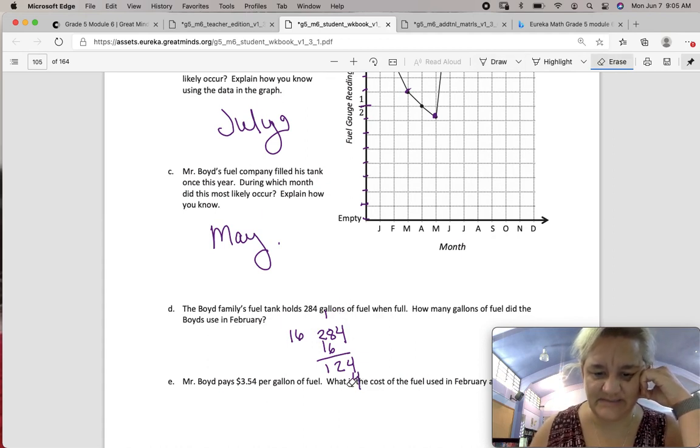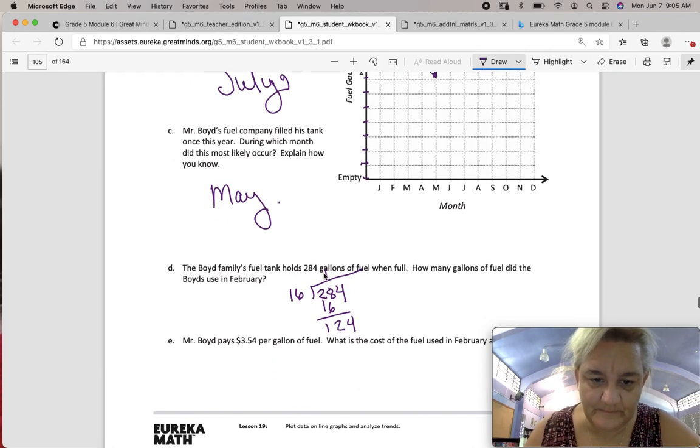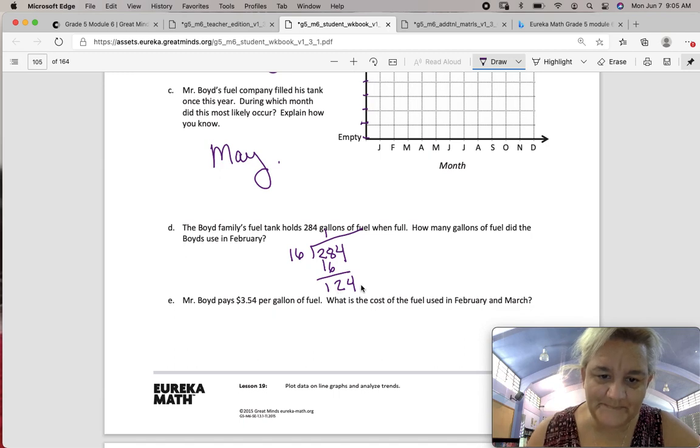Wow, it's been so long since we've just done regular division. I'm having a little brain trauma here. Let's see. 1, 2, 3, 4, 5, 6, 7, and yeah, I think it's 8. Okay.